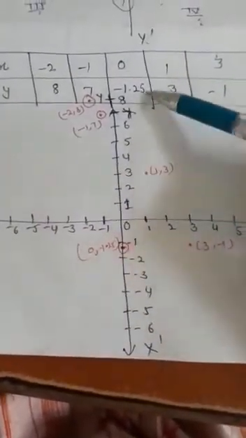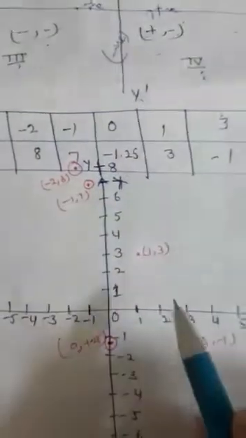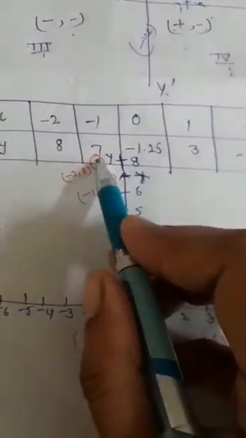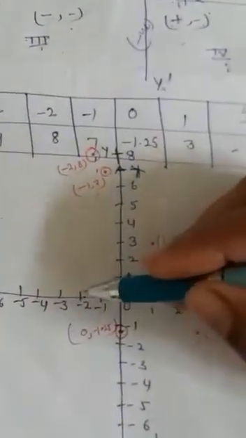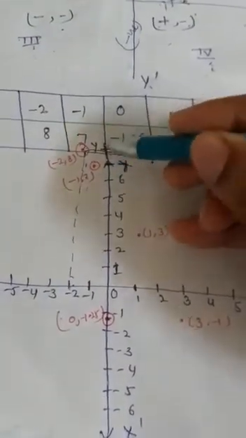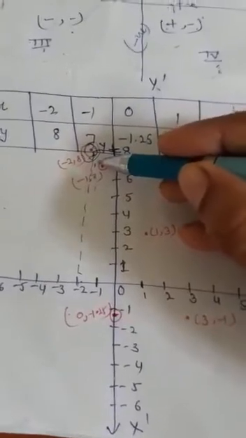Upside 1, 2, 3, 4, 5, 6 positive and downside 1, 2, 3, 4 negative. Okay, so the first point is -2 and 8. Here -2 we will take on the x-axis and 8 we will take on the y-axis. So the point where these two intersect is the point -2 and 8.